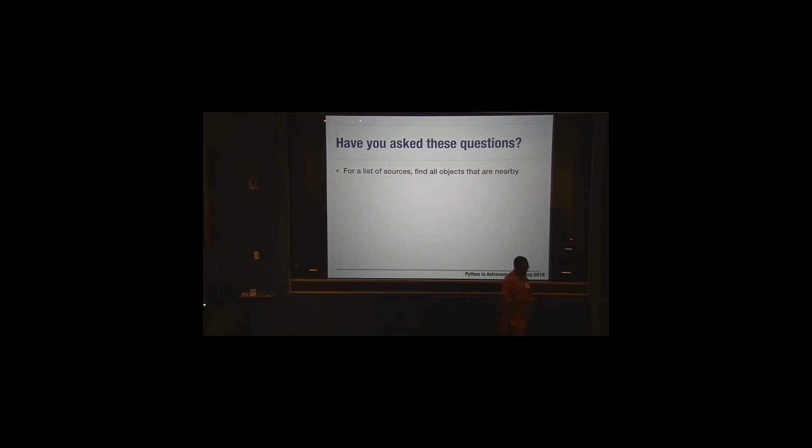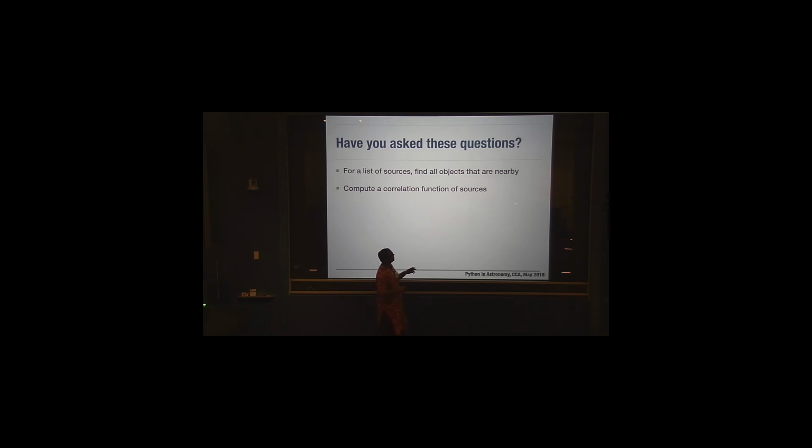So the basic purpose of CoreFunc, at least that's the way I think of it, is if you have asked this sort of question, so you have a list of sources, some array of positions in the sky, in your simulation box, and you need to find out all objects that are nearby, where what nearby is some threshold you know about. If you want to compute a correlation function, you know what I'm talking about.